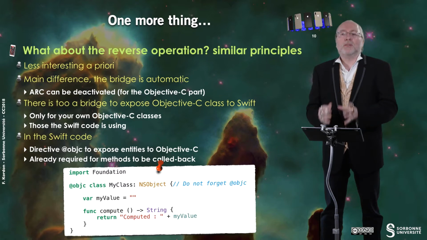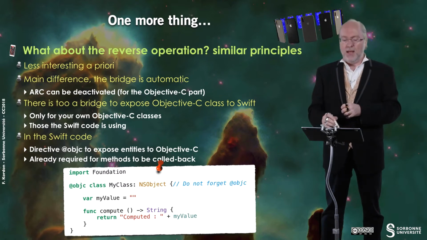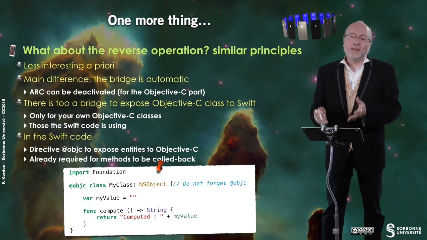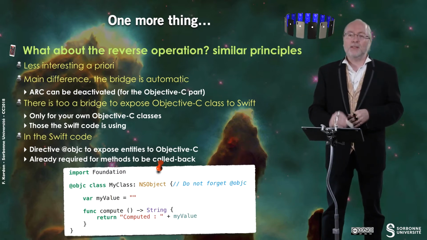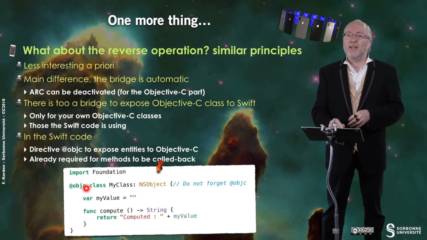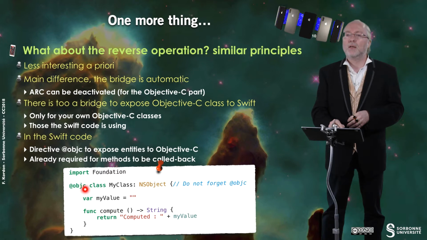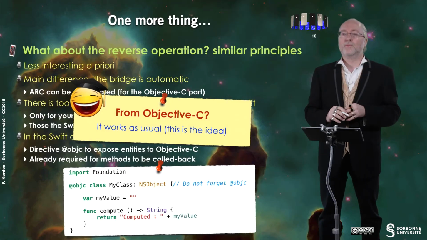Let me just show you a very small example. Here is an implementation of my class. It's inheriting from NSObject, it exports an attribute and a method, and since I have this directive here, the whole class is visible from the Objective-C part of the project.